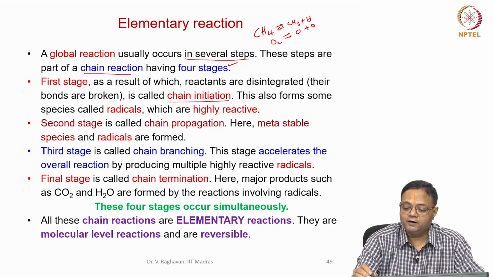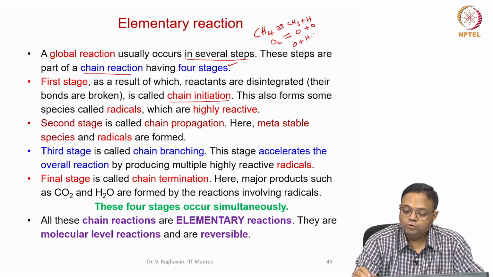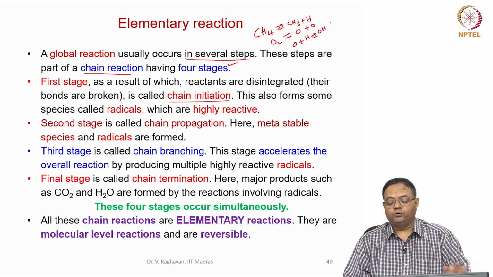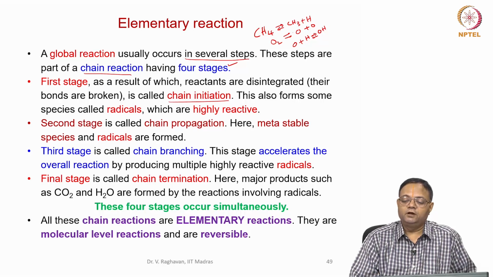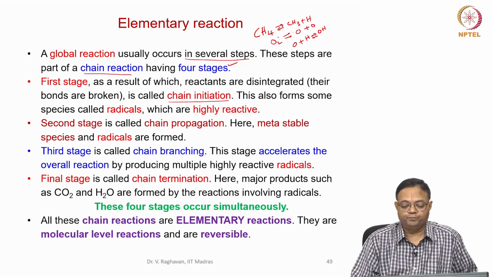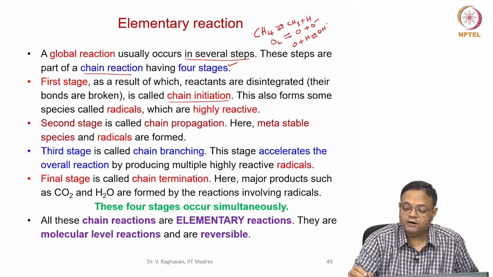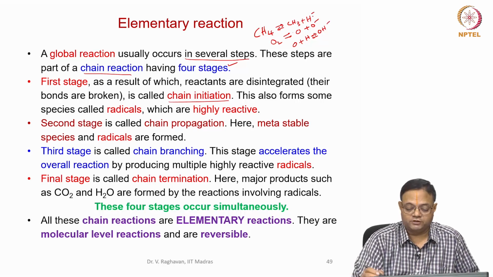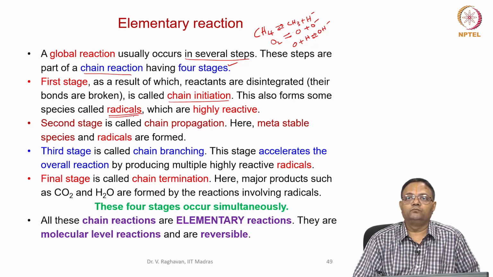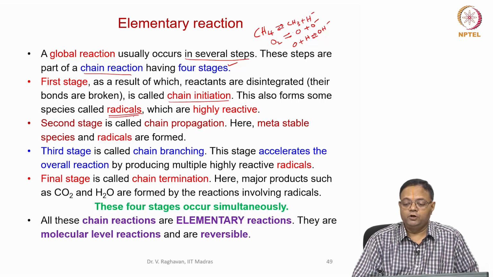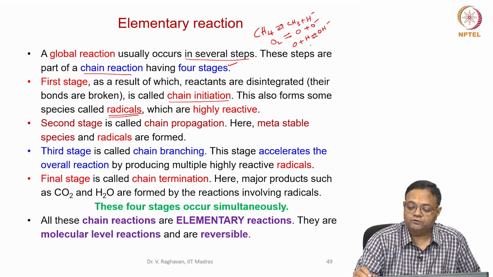And here this O and H react to form OH. So these are molecular level reactions. The initiation step is nothing but the reactants breaking and forming radicals like OOH, HOOH. These are called radicals, which are highly reactive. They have free bonds, so they are highly reactive. So that is the chain initiation step. These are molecular level reactions.